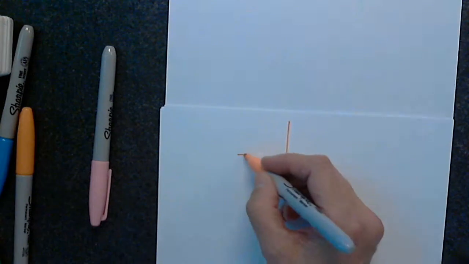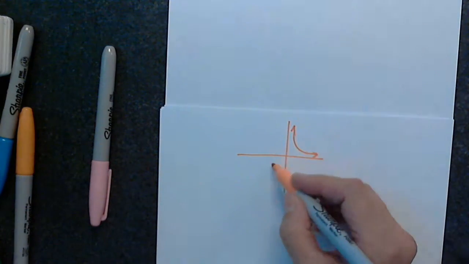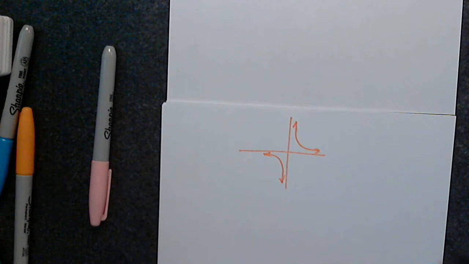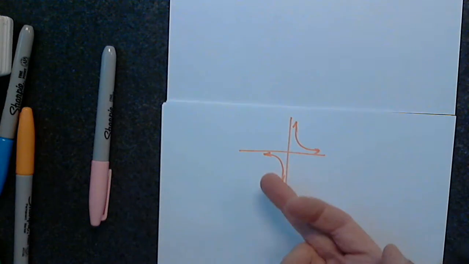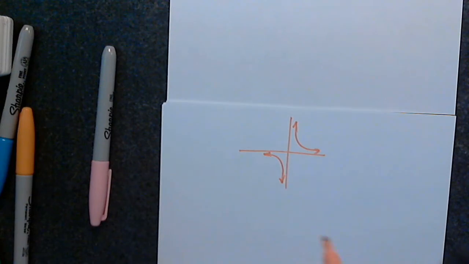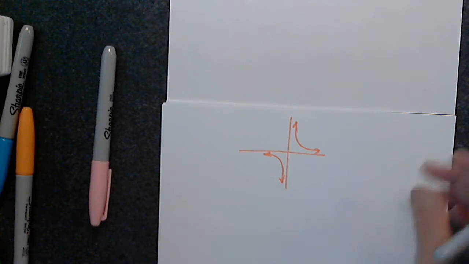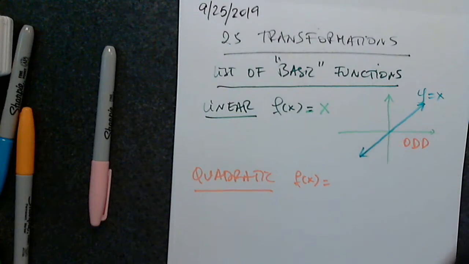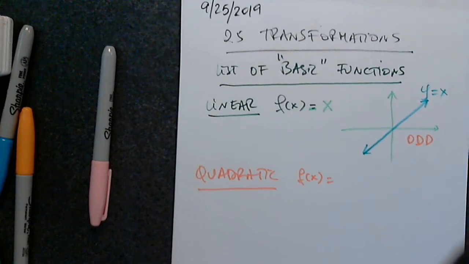For example, this function is symmetric with respect to the origin, but it does not go through the origin. Its graph is symmetric with respect to the origin. So please do not assume that if the graph does not pass through the origin, it could not be odd. Is that clear? Excellent. Good.